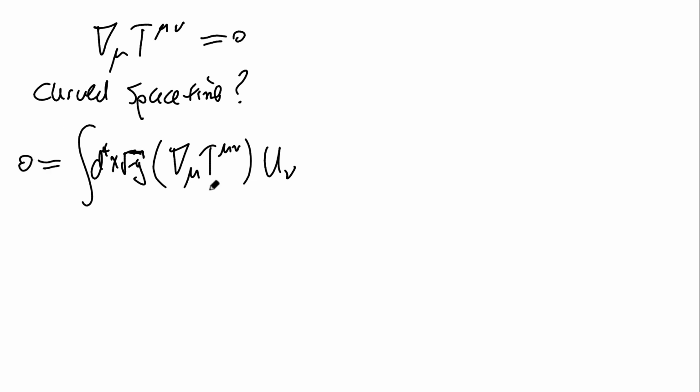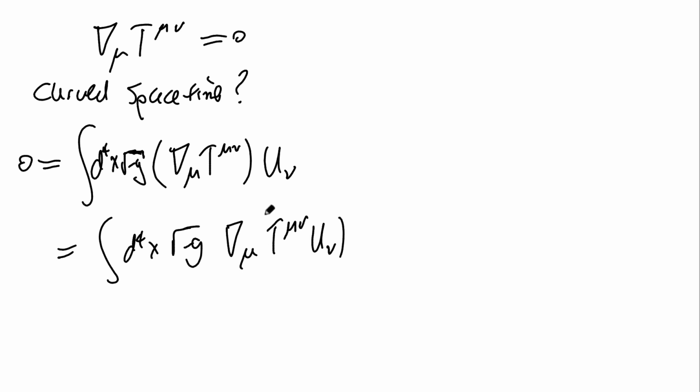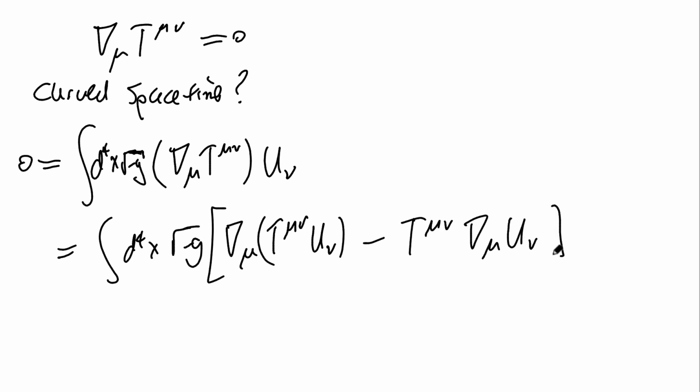And this is all equal to 0 because ∇_μ T^{μν} is equal to 0. So the next step is to bring this u inside the covariant derivative so that we have a total derivative. This is ∇_μ (T^{μν} u_ν), but in order to do that we need to subtract T^{μν} ∇_μ u_ν.